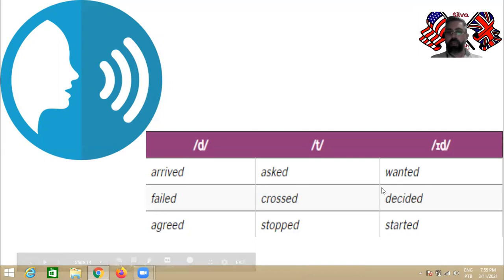Wanted, okay? It's not want, it's wanted. You pronounce the id. Decided, started. Again, of course, I'm exaggerating. I just want to show you guys the difference in the pronunciation. But it's important to pronounce the id at the end.